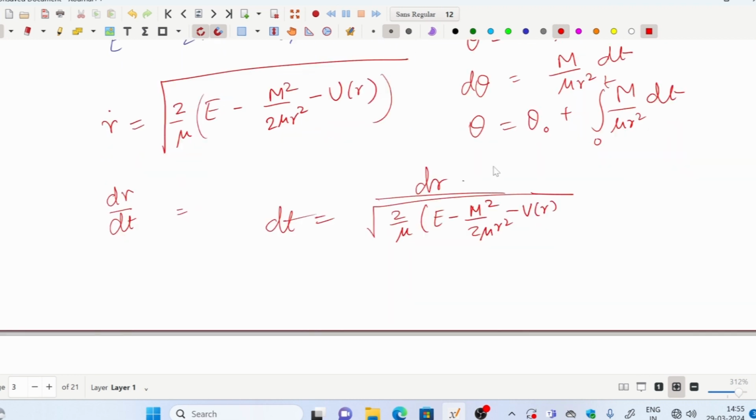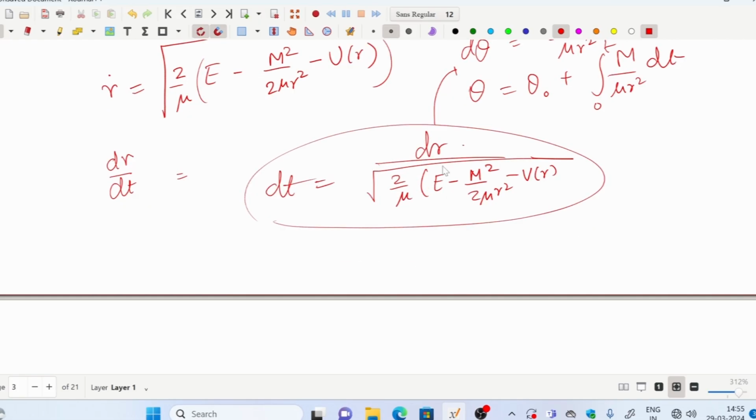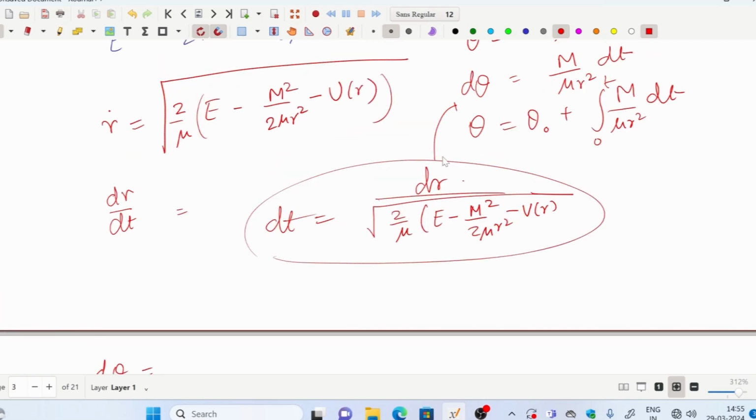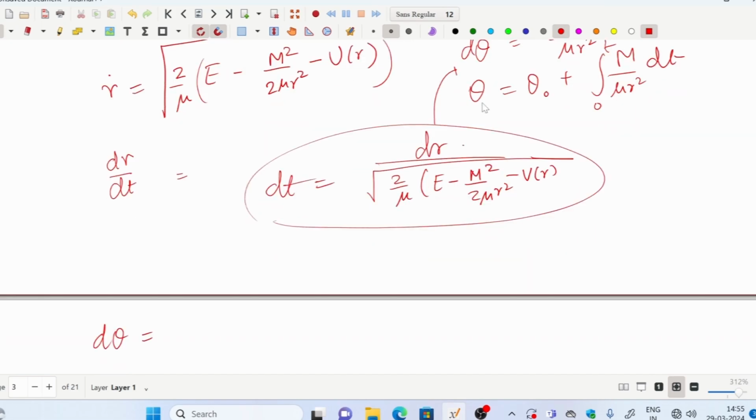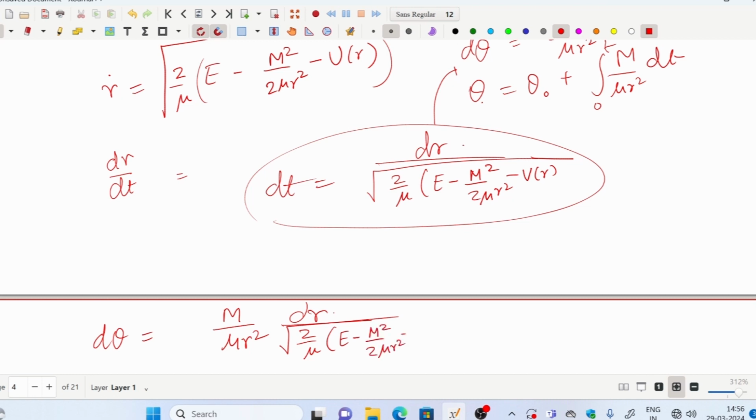So if we substitute this in this equation, we will obtain d theta equal to m by mu r square, then dr divided by the square root of 2 by mu times E minus m square over 2 mu r square minus U of r.